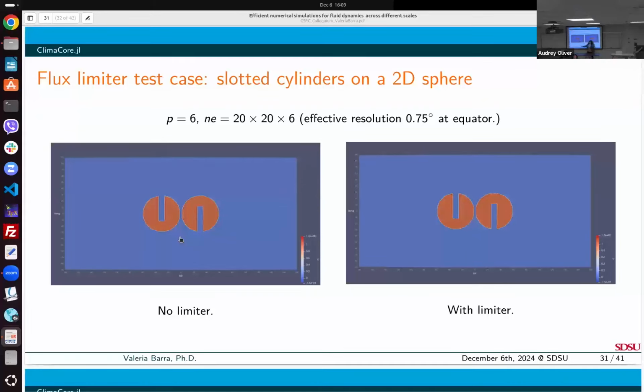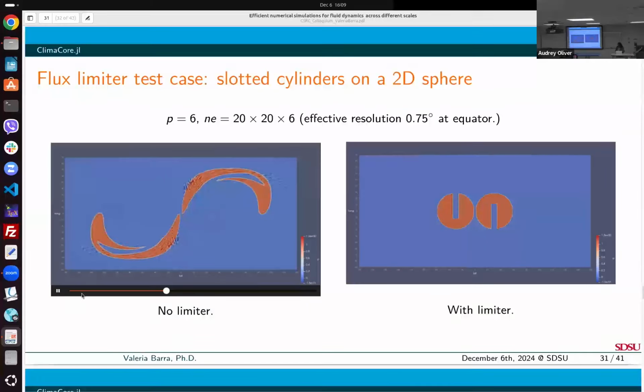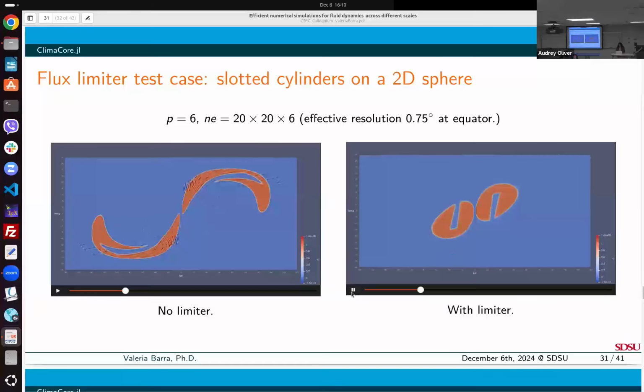On the left panel, we see no limiter, so no stabilization, and we can see how the solution quickly forms undesired artifacts. On the right panel, we see the limiter stabilization, and you can see how smooth the same simulation looks.